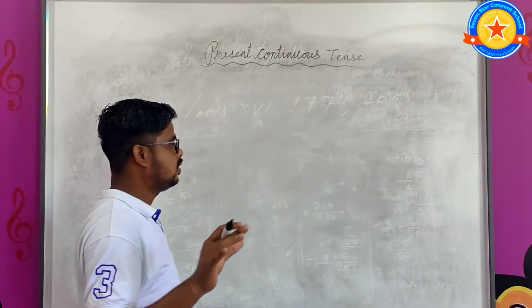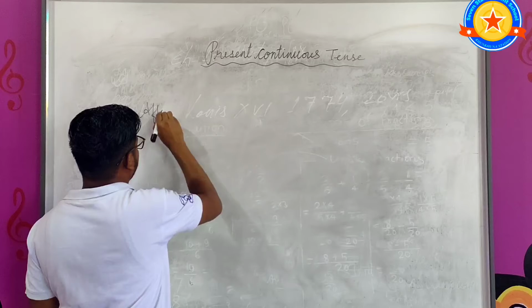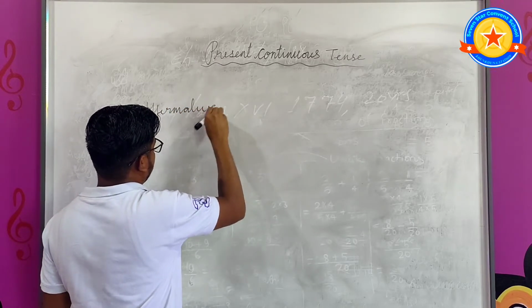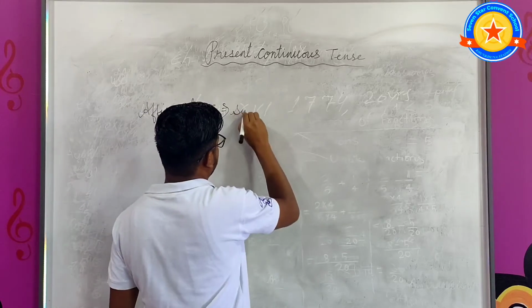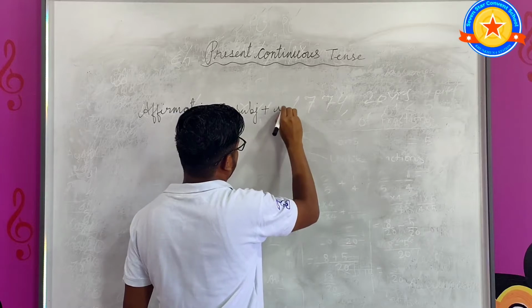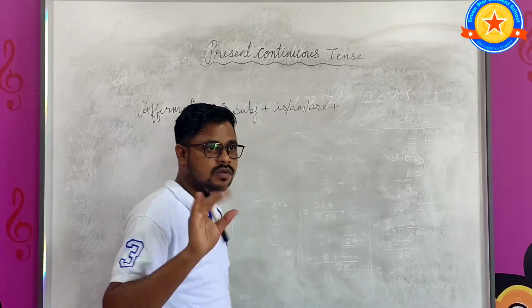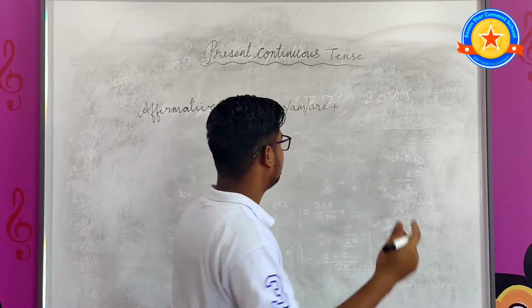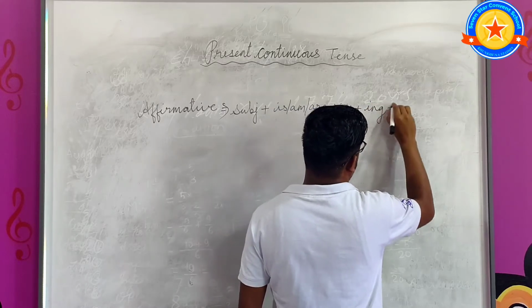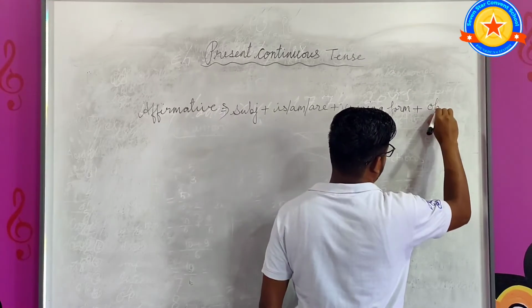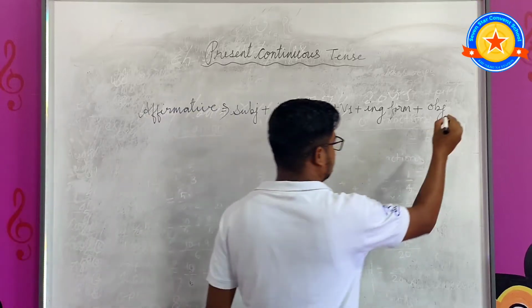Its pattern, meaning structure, is: subject plus is, am, are plus first form of the verb plus ing form, plus object. And at the end of the affirmative sentence, you have to put a full stop.